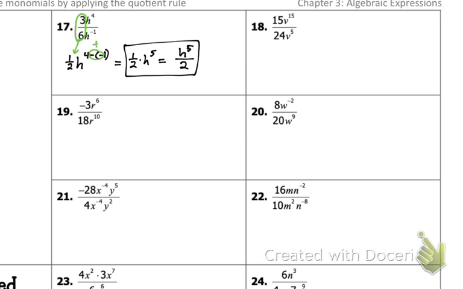Okay, so let's do number 20 together. I would like everyone to take a second and figure out what 8 divided by 20 is. No one shouts out an answer. We are just figuring out what 8 divided by 20 is, and I'm going to call on someone random to give me what that equals.